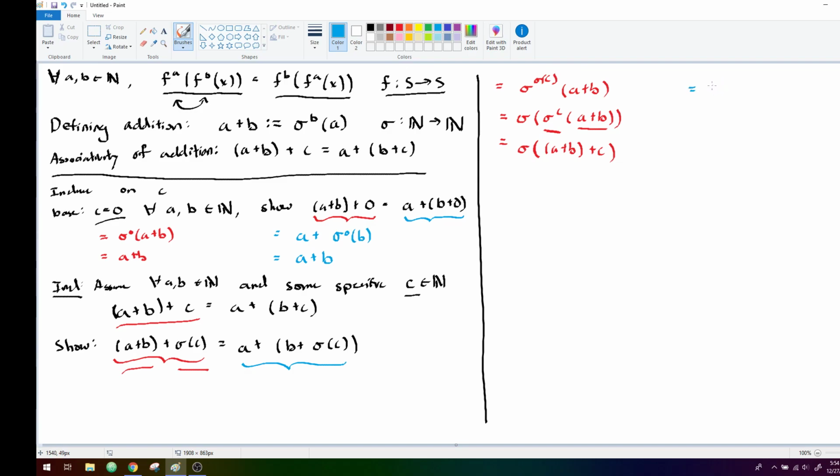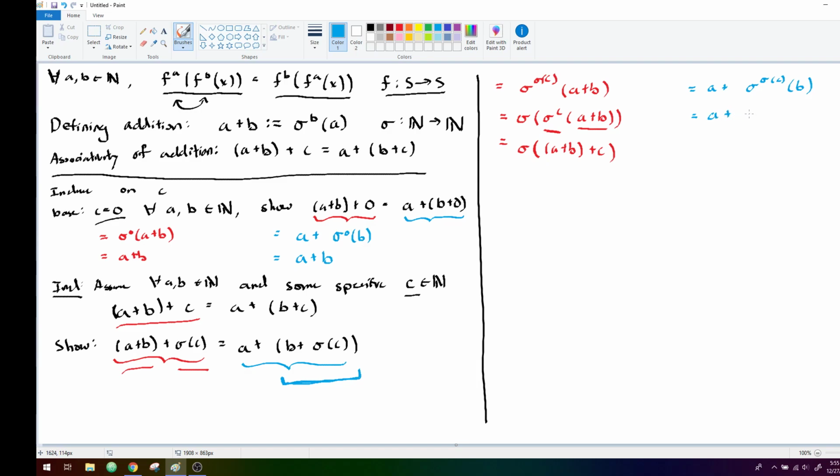Well, we're going to start with the blue side now. So now we're going to try to regroup these terms as well. So let's first tackle this parenthesized term right here. So we're adding sigma of C to B, and writing that with our definitions, we're going to rewrite this by saying that it is sigma applied sigma of C times to B. Once again, regrouping using the definition of addition.